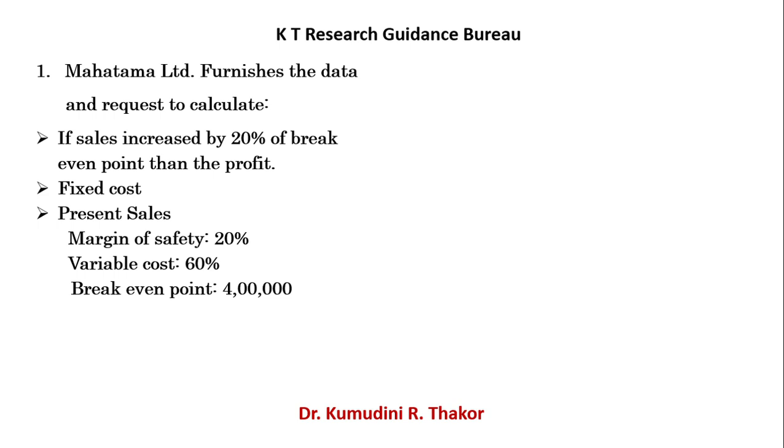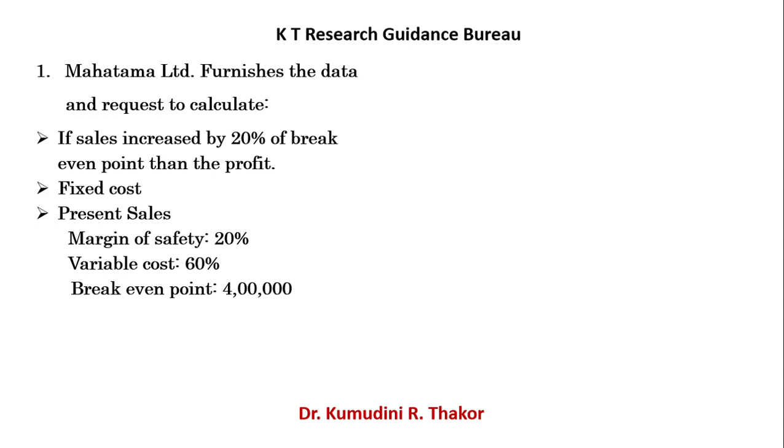For this, mainly three items are given. First is margin of safety 20%, variable cost 60% and break-even point 4 lakhs rupees. Try to understand the particulars.